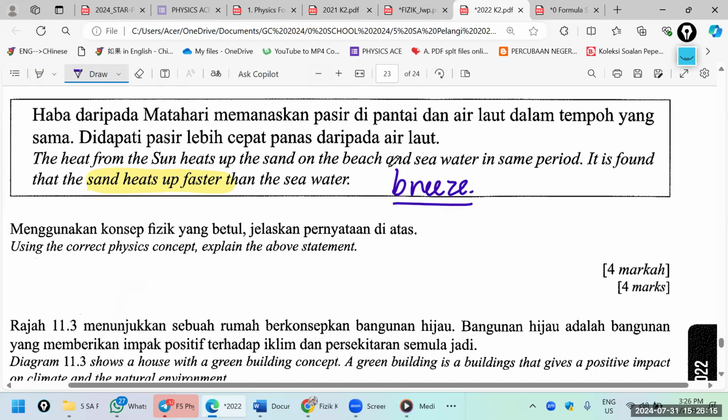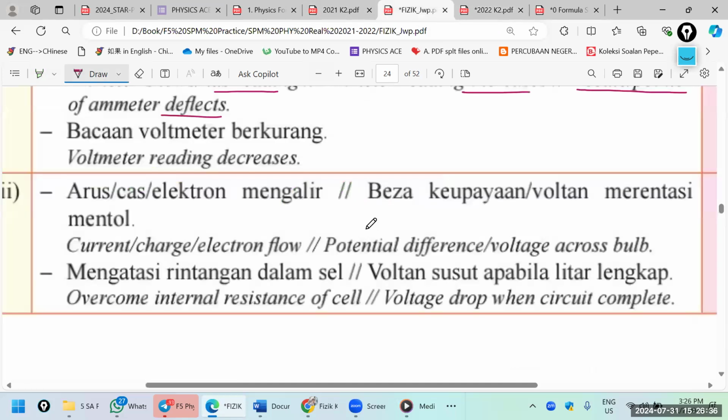No. So if you talk about freeze directly, it is wrong. What they want is sand and seawater only. When I mark, a lot of people miss the concept. So this is the answer.